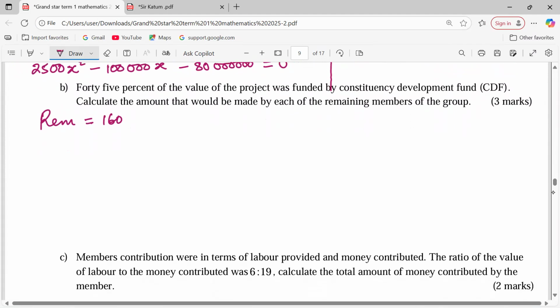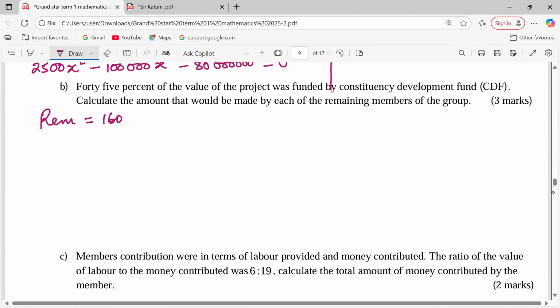Instead of calculating the 45% that was funded by the CDF, we can directly calculate the 55% that will have to be given now by the members. So the 55% of 2 million is what will be contributed directly by the members. 55 out of 100 times 2 million gives us 1,100,000.